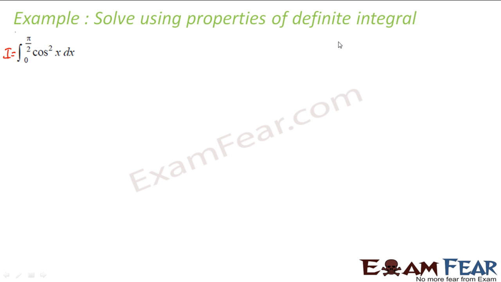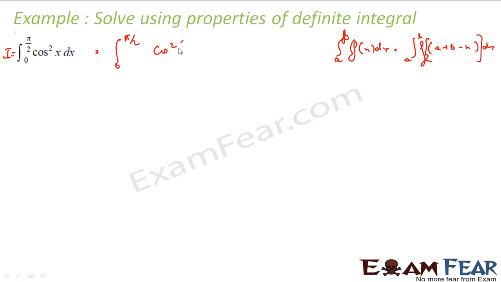Why? Because I know this formula: for a to b, if I have f x dx, this is nothing but integral a to b f of a plus b minus x dx. This formula I know, correct? With this I can say that I is nothing but integral 0 to pi by 2 cos square of 0 plus pi by 2 minus x dx, and that is nothing but integral 0 to pi by 2 sin square x dx.